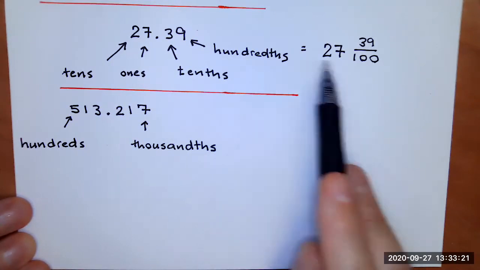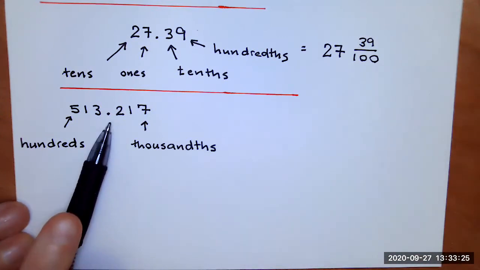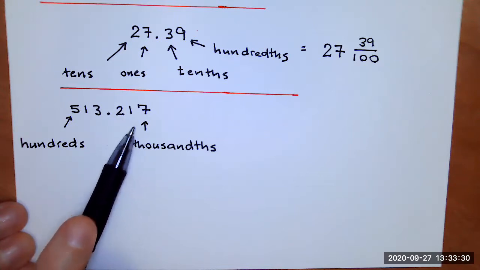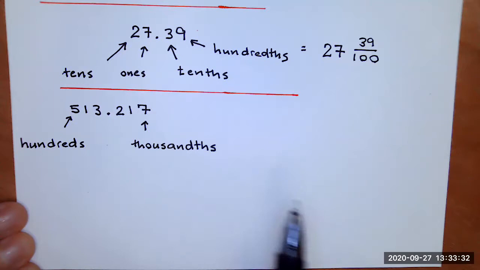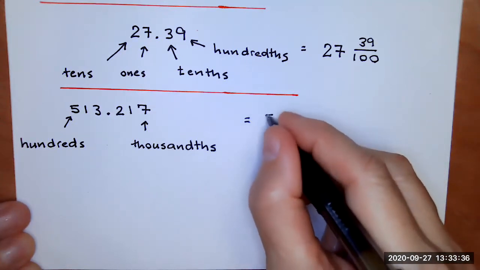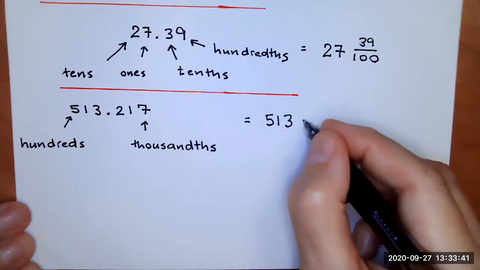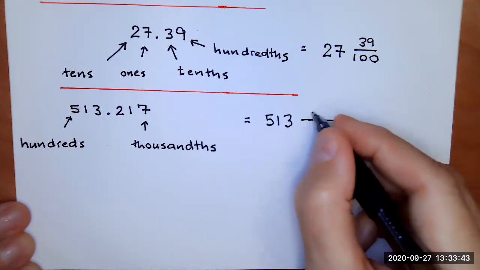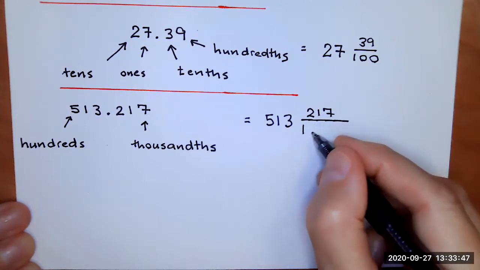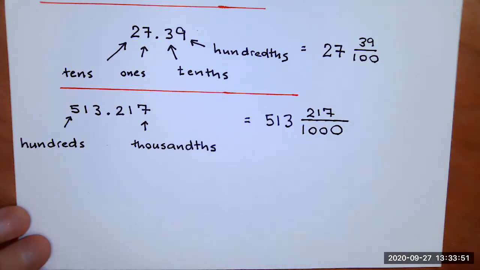Hundredths with a TH, that's over 100. So this is tenths, hundredths, thousandths place. So this is a mixed number where you have 513 as the whole number. And then this is 217 thousandths. So that's over 1,000.